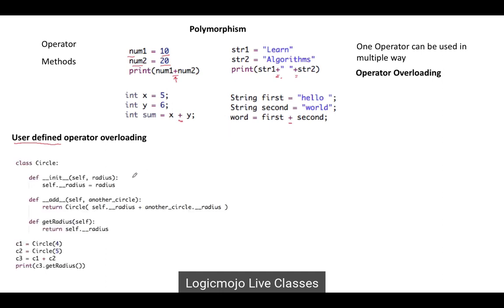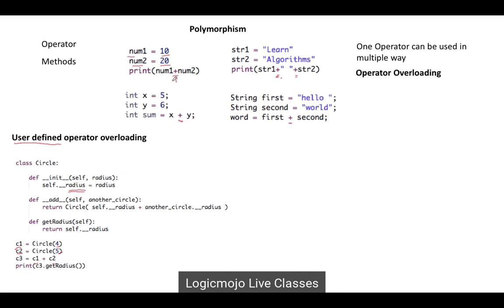Let's see an example in this case. Here we have a class, and then we are creating instances of the class, C1 and C2. We are passing the values 4 and 5 into the constructor, and here we store the radius of the circle as 4 and 5. So C1 dot radius is 4, C2 dot radius is 5, and now we are doing C1 plus C2.